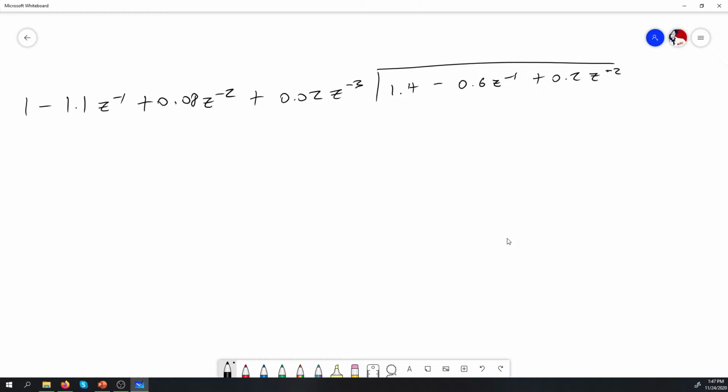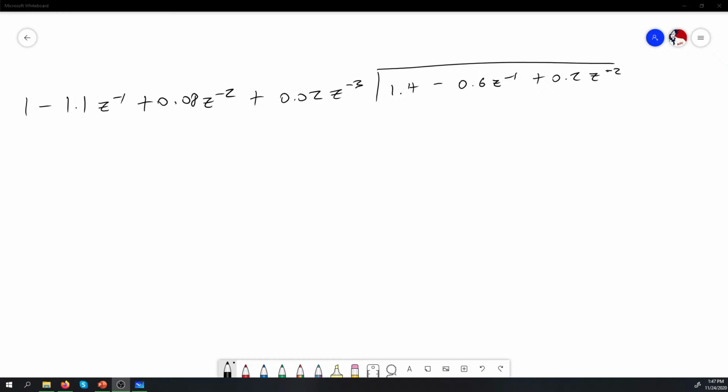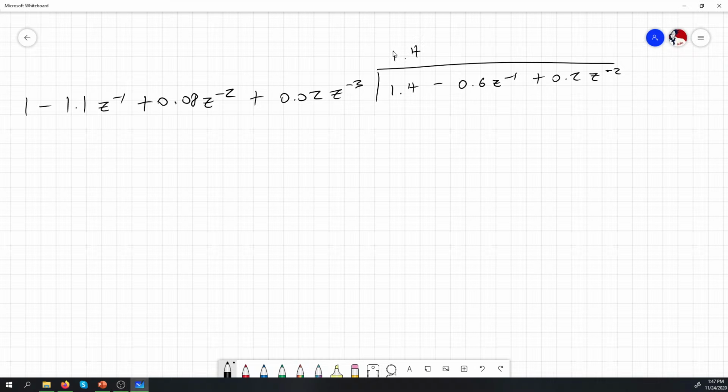This is how we set up our long division process for the open form or infinite response. In performing the long division, we take the first factor of the numerator and divide it by the first factor of the denominator. So this 1.4 is divided by 1, which gives us a factor of 1.4 for our quotient, being our result.